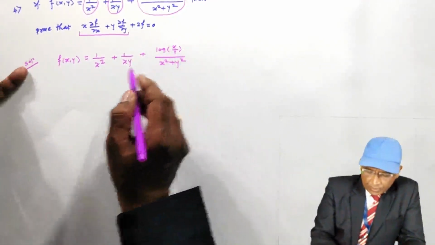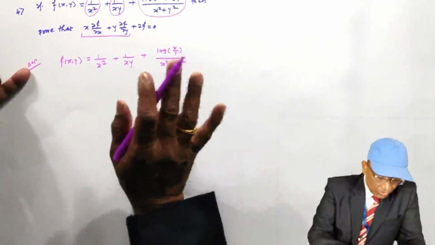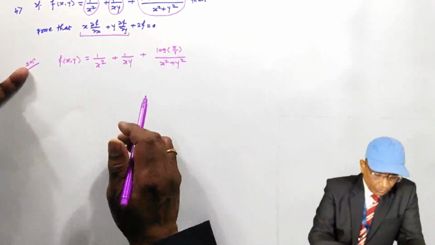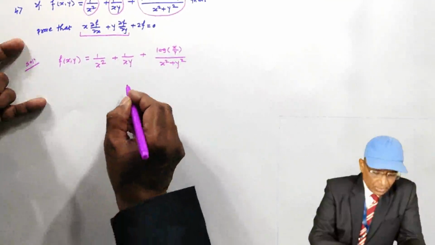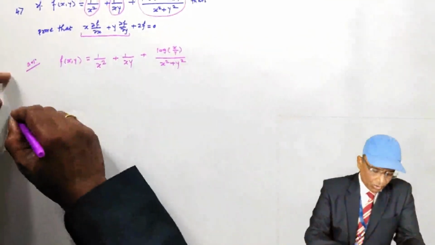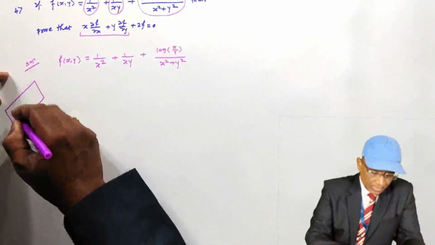Okay. The homogeneous function I am writing in this way. Z is a function of x and y. Or Z is a function of x and y like this.